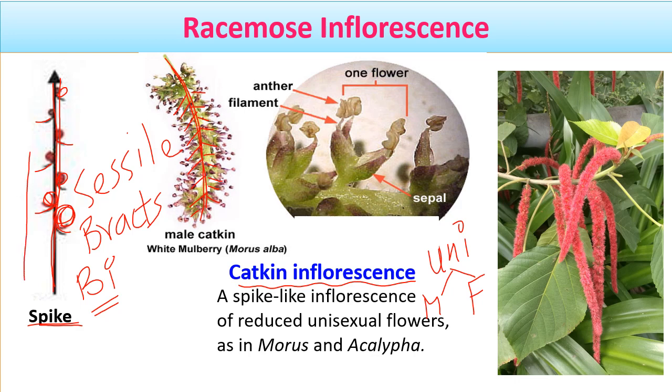As it is growing upward, it is mostly pendant. Here in Acalypha you can see that it is hanging and appears like the tail of a cat, and hence it is called a catkin type of inflorescence. Here you can read the description: spike-like inflorescence of reduced unisexual flowers, as you can see in Morus, and Acalypha is an example.